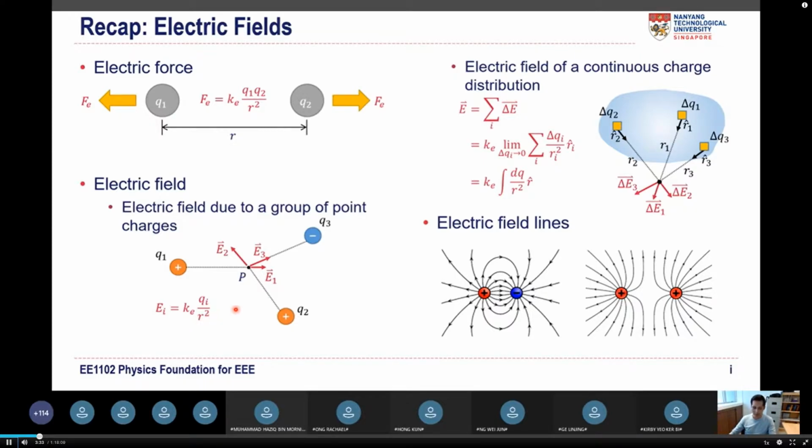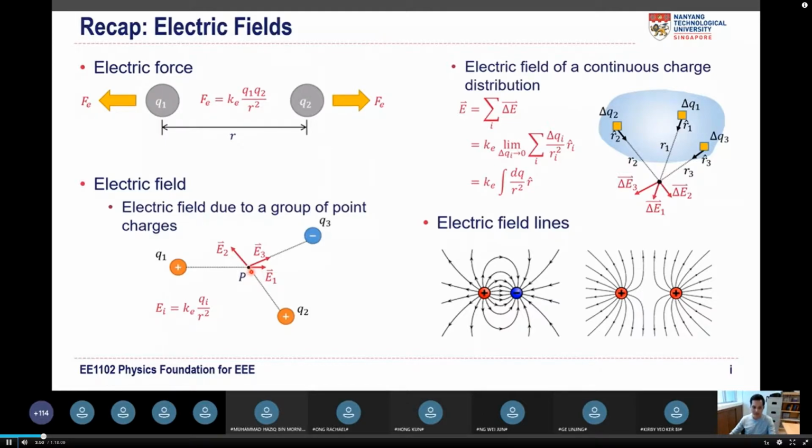If you wish to calculate the electric field caused by multiple charges, or a group of point charges, you would have to take a vector sum of the individual contributions. In this case, you have Q1, Q2 and Q3.